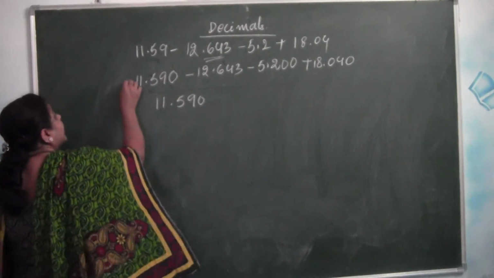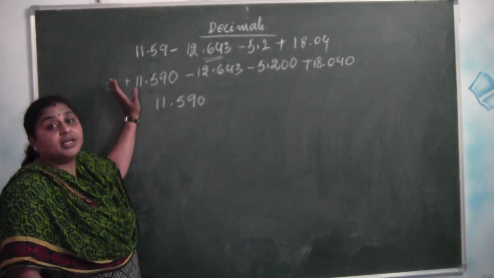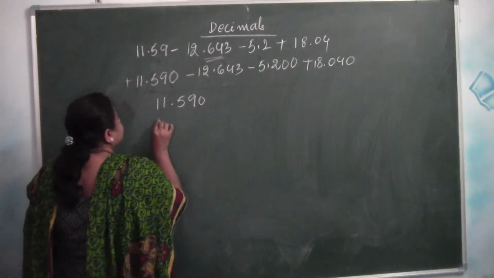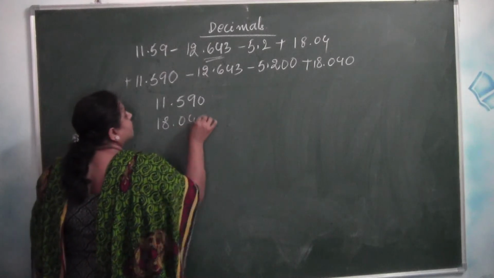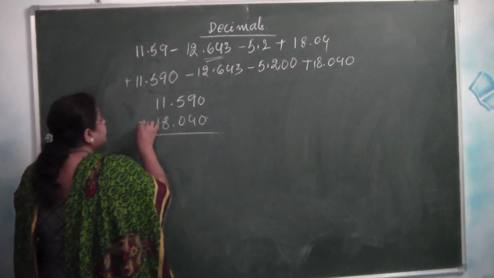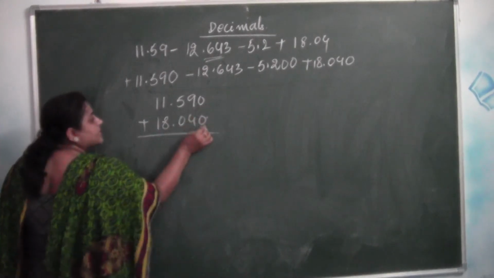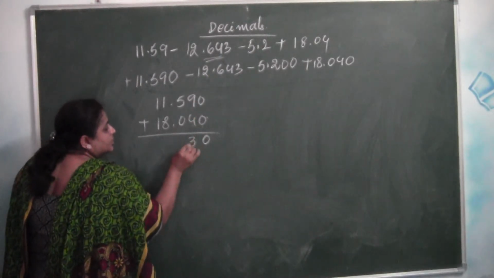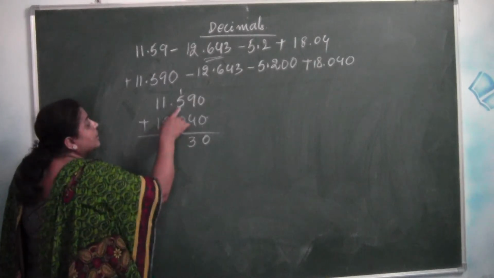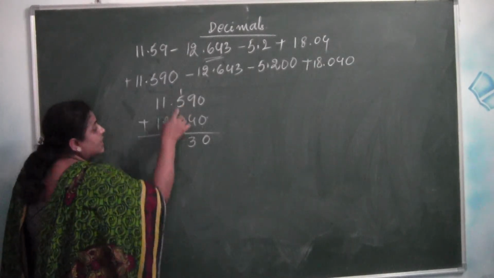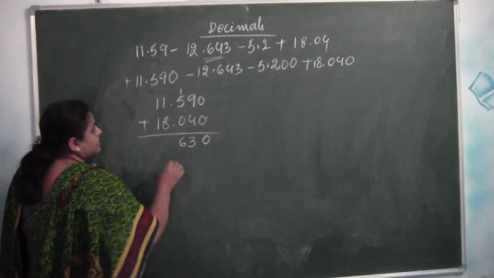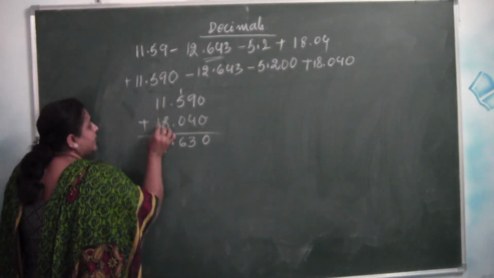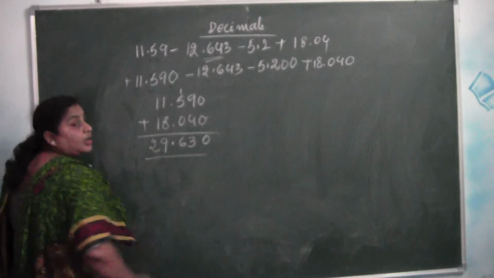If there is no sign, it means it has a plus. And 18.040. Now let us add these two. 0 plus 0, 0. 9 plus 4, 13. Carry over 1. 5 plus 1, 6. 6 plus 0, 6. 8 plus 1, 9. 1 plus 1, 2.